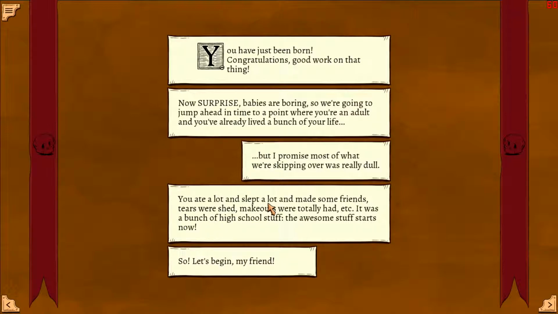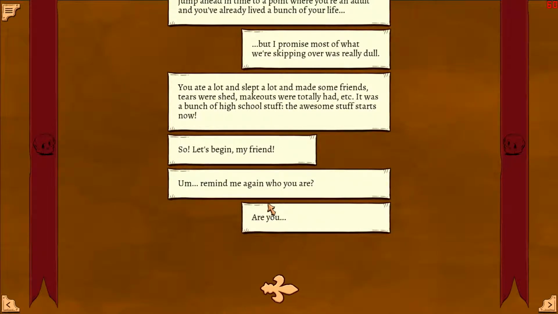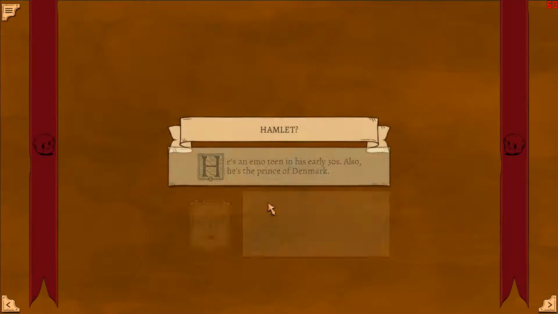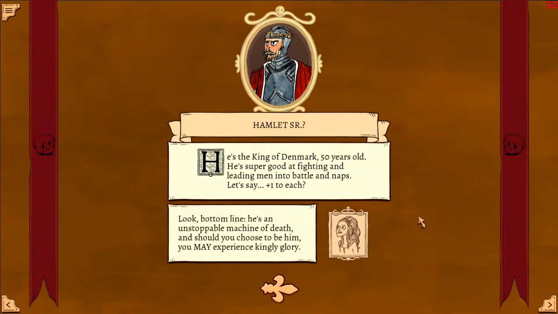Are you Ophelia? She's an awesome lady in her late 20s with a calm, confident, and resourceful demeanor. She's got a +1 bonus to science, but she's also got a -1 weakness against water, so heads up. Hamlet? He's an emo teen in his early 30s. Also, he's a prince of Denmark. Hamlet has a +1 resistance to magic, but there's no magic in this adventure, so this never gets mentioned again as of right now.